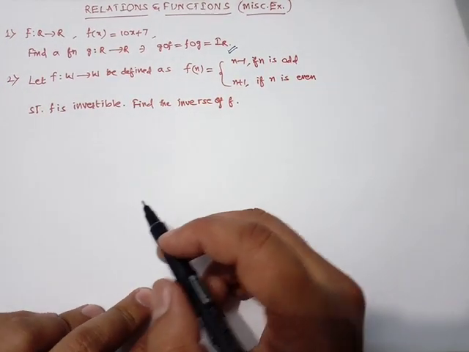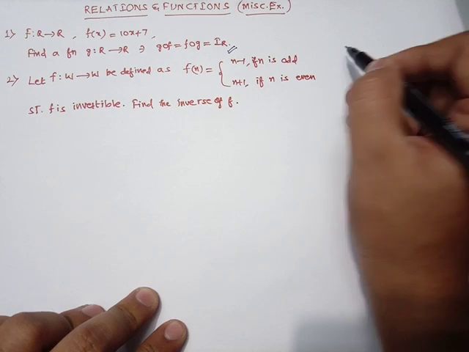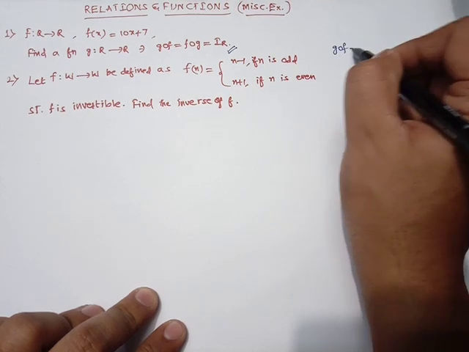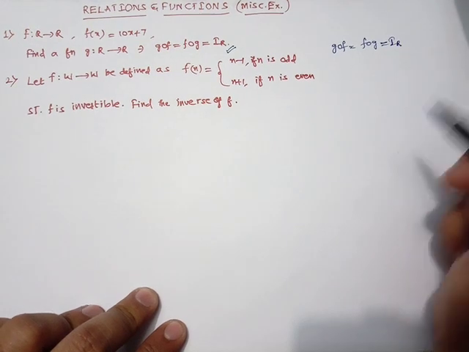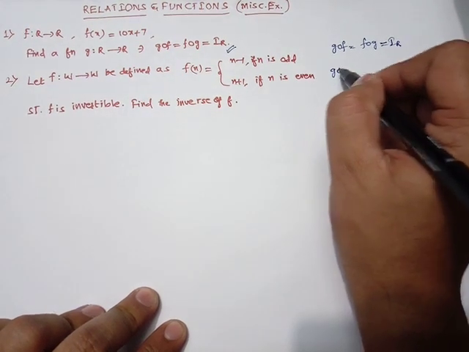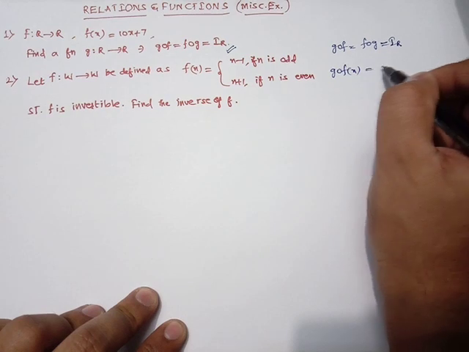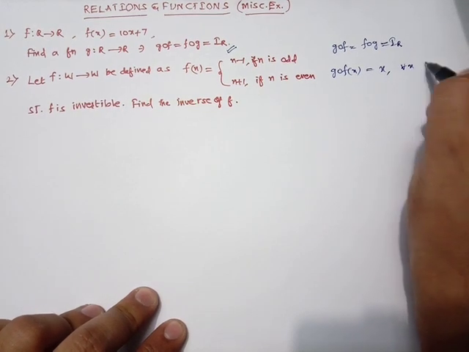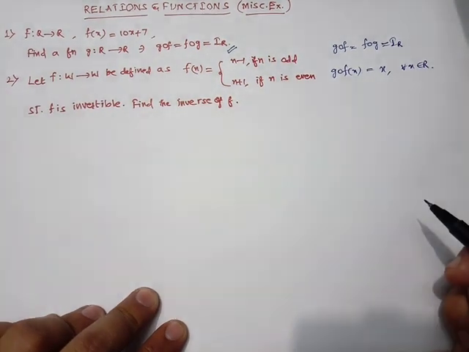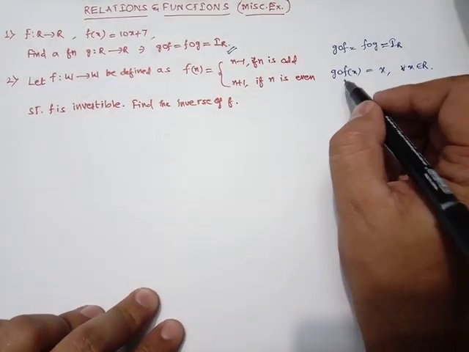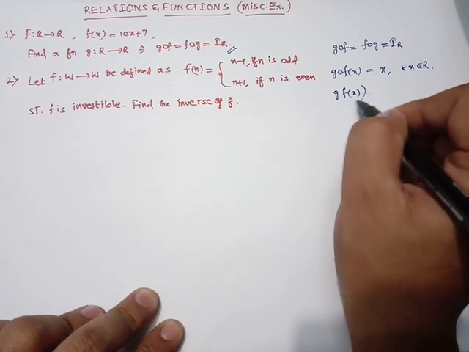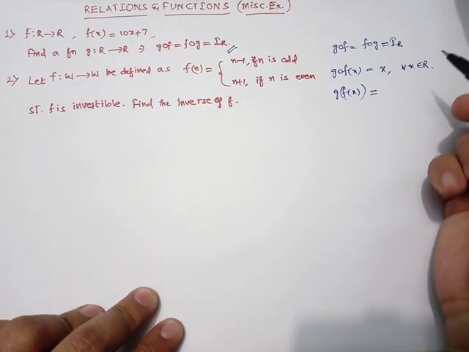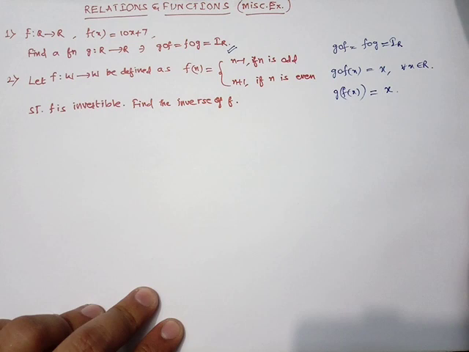Now we'll see how we can make this. The question is g∘f = f∘g = I_R. Then it's nothing but g(f(x)) = x for all x belongs to R. Now, g∘f(x) can be taken as g(f(x)) = x only.